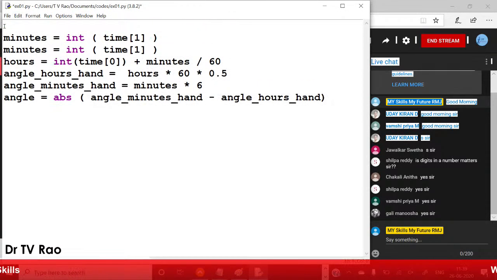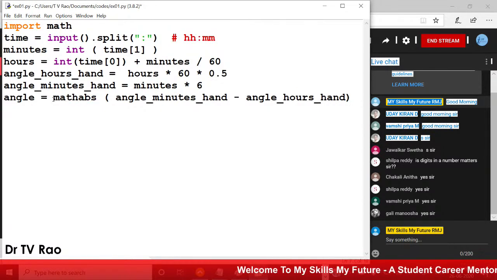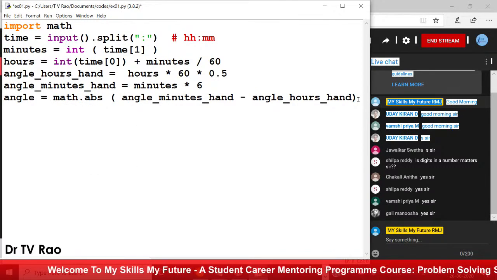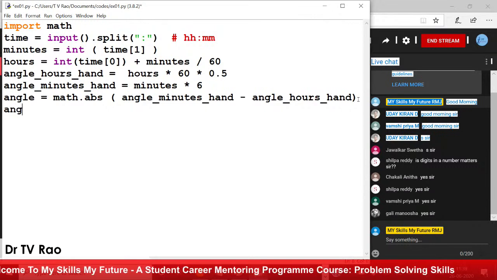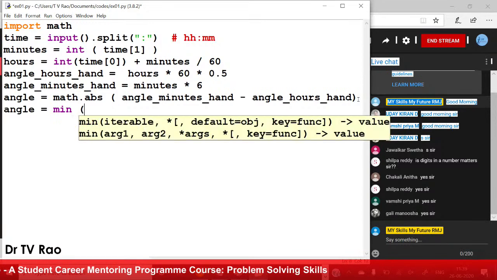Okay, now find out math dot absolute. Now, what is the actual angle? You want the minimum angle, right? It is the minimum of angle and 360 minus angle, right?